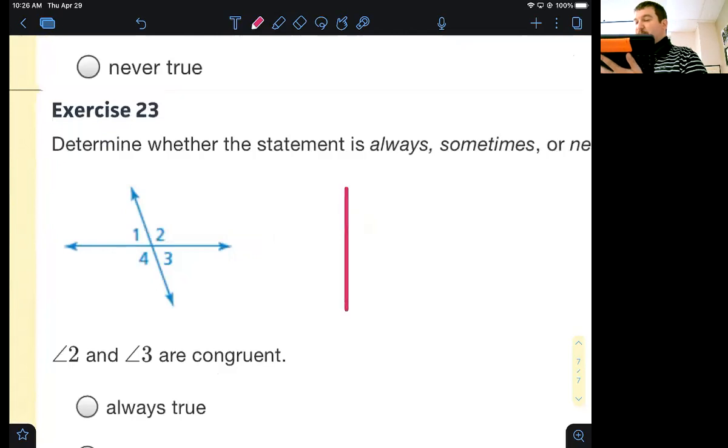So if the lines would have looked like this, you're exactly right. Angle 2 would be a right angle, 90 degrees. Angle 3 could also be a right angle.